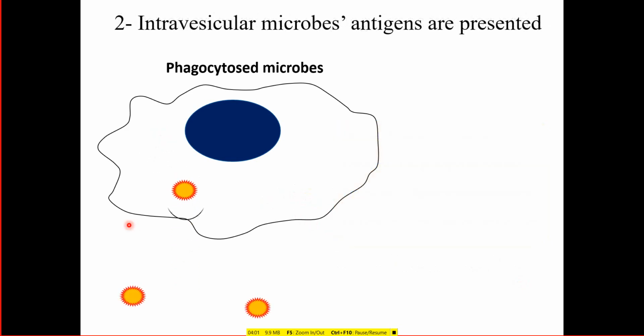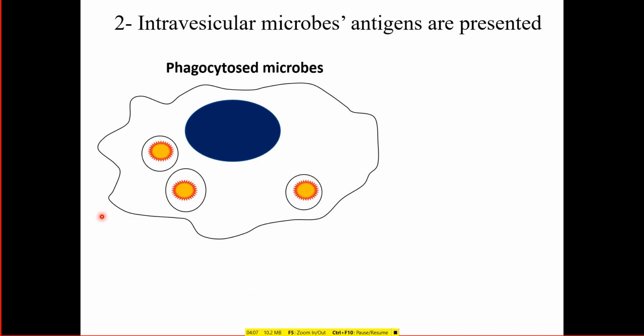What if I'm dealing with a microbe or a pathogen like mycobacterium or leishmania, which has developed ways to protect itself against the content of the lysosome? It gets phagocytosed and it likes it to be there. It's part of its life cycle to be inside phagosomes.